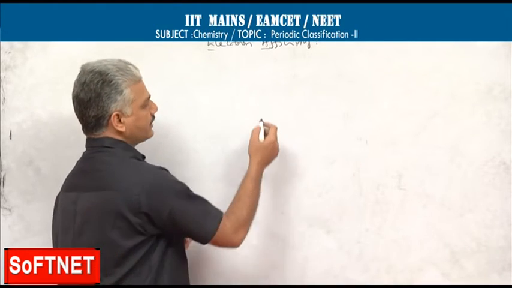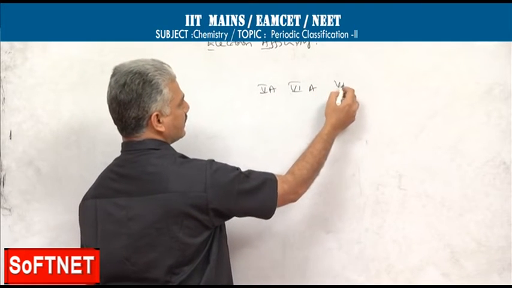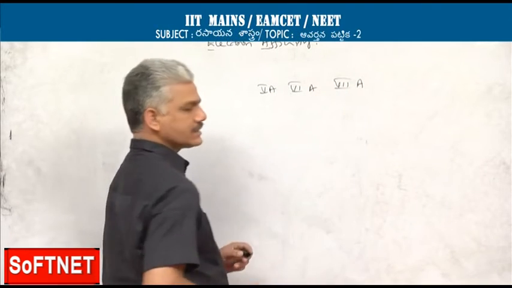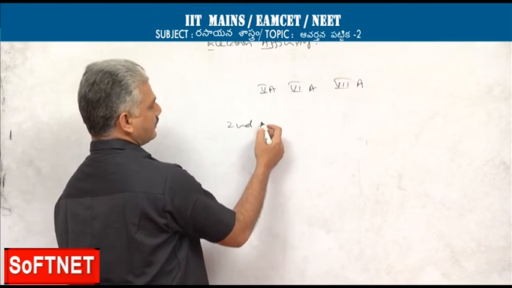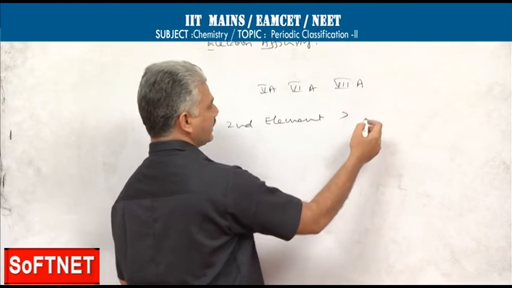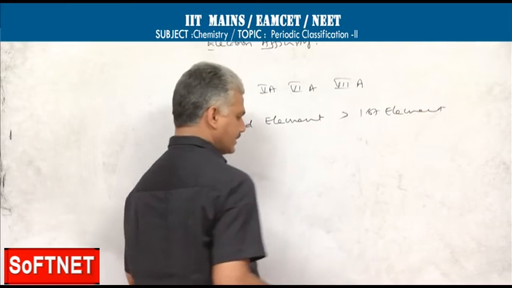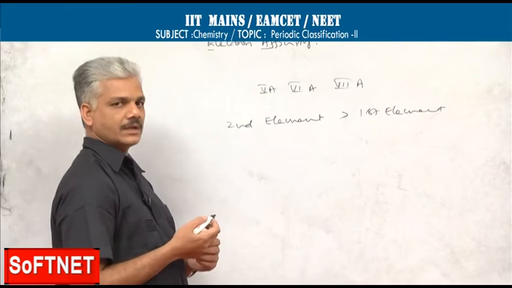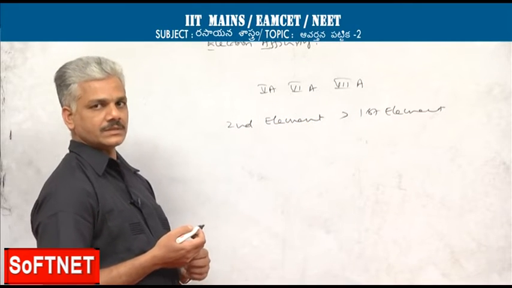However, among the elements of 5A, 6A and 7A groups, the second element has higher electron affinity than the first element. This is because of the smaller atomic radii of the starting elements of these groups.